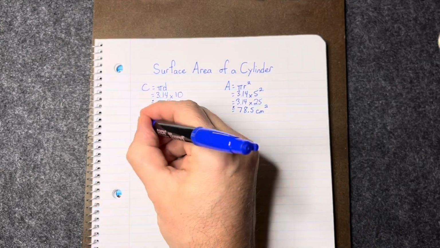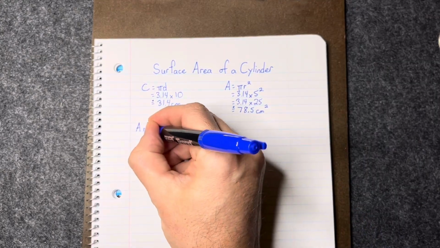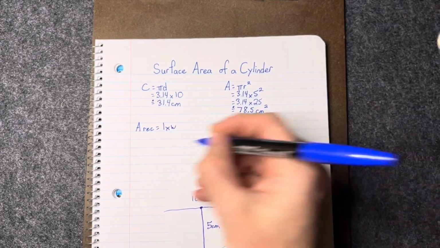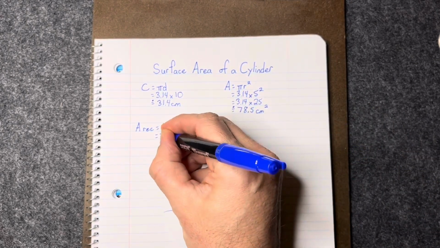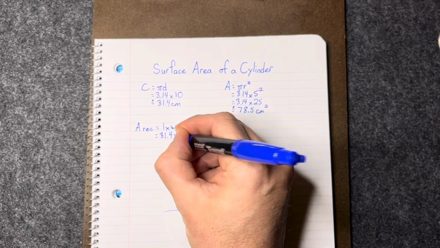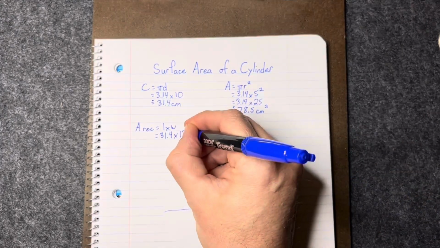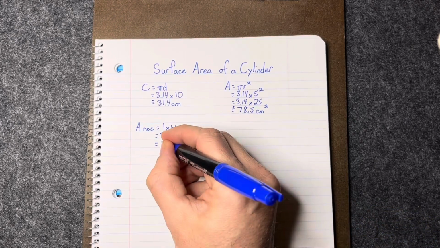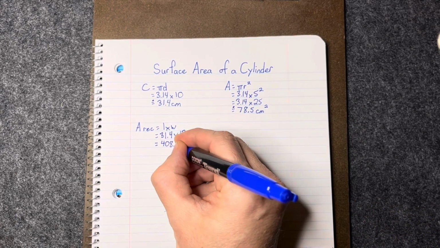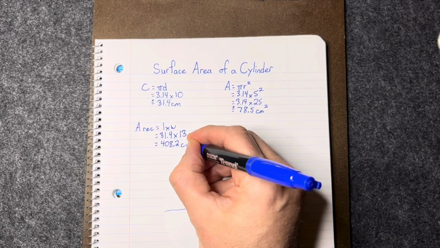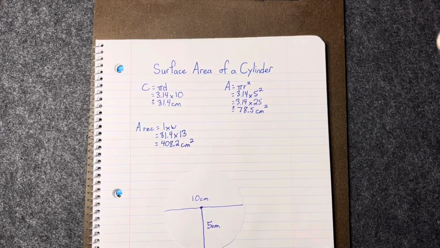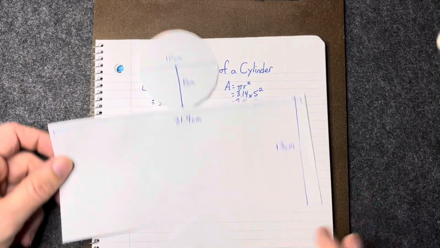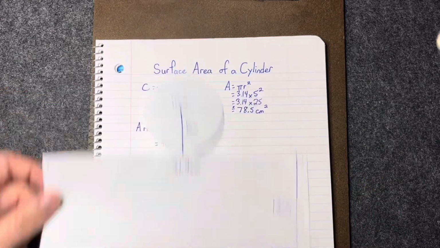So this is the area of the rectangle, which would equal length times width, which equals 31.4 times 13, which equals 408.2 centimeters squared. And then, so this 78.5 is for the one circle. It would be the exact same for the other circle.